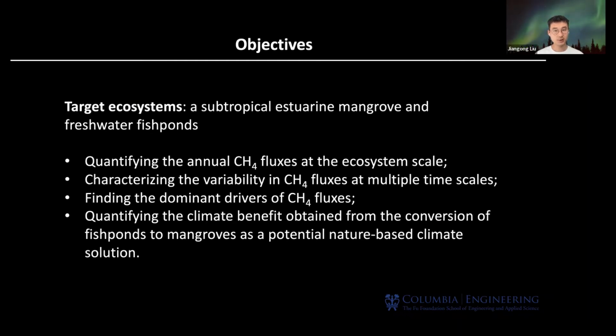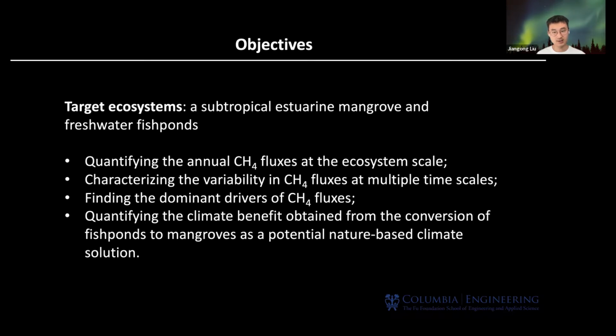So in this study, we want to quantify the annual methane flux at the coastal wetland, at mangrove, and also from freshwater fish ponds. We also want to understand the variability in methane fluxes at different timescales, and find the dominant drivers of methane fluxes.